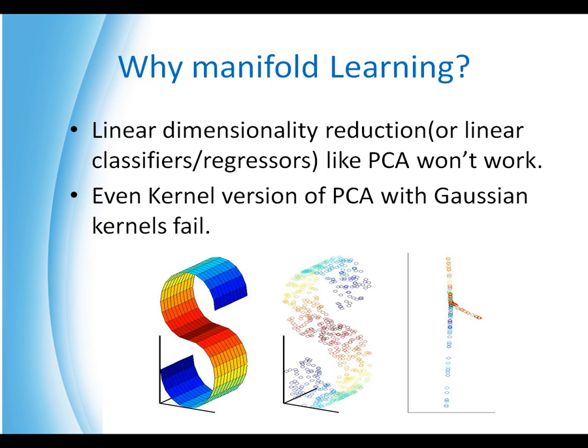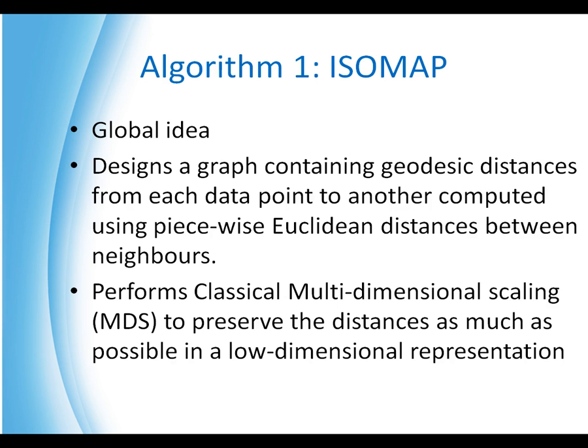As can be seen in this particular example, where we take an S-curve, which is again a manifold, and we sample some of the data points there. However, when we reduce the dimension to 2 using kernel PCA, we really cannot see the underlying structure. That's why we need specific manifold learning algorithms.